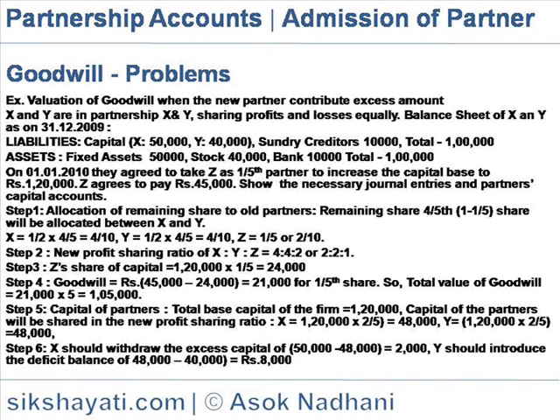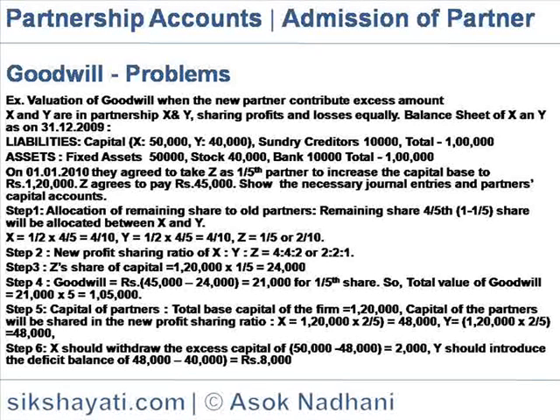The goodwill is 45,000 minus 24,000, because he has brought 45,000 when his capital is 24,000. So 21,000 is the value of goodwill for his 1/5 share. The total value of goodwill is 21,000 divided by 1/5, that is 21,000 into 5, which is 1,05,000.